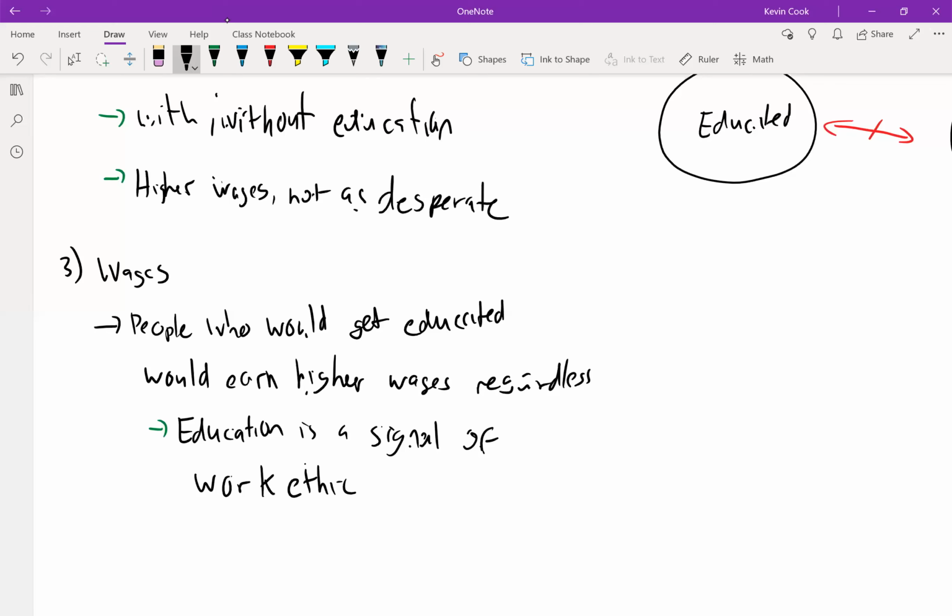So education is a signal of work ethic, where you have people who went out and got stuff done. And people who have that work ethic are also, regardless of whether you had an education or not, probably likely to earn a higher wage than somebody who doesn't have that work ethic. Just because, if you're willing to put in the work, odds are you can make something happen.